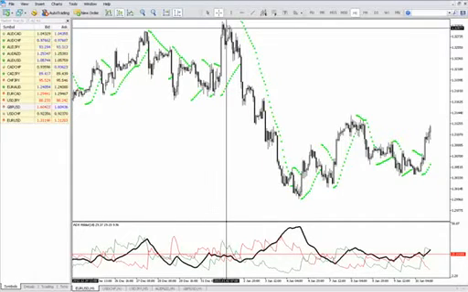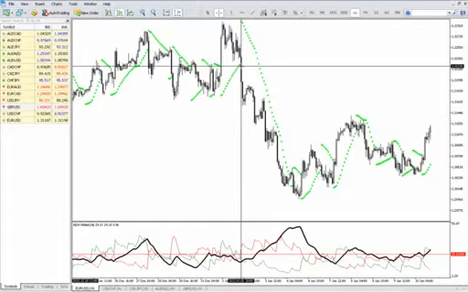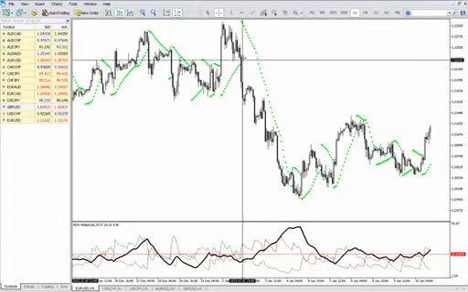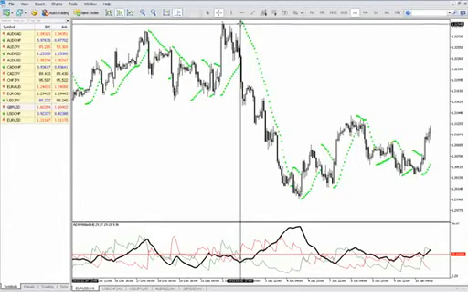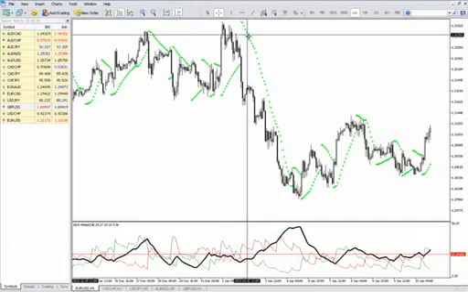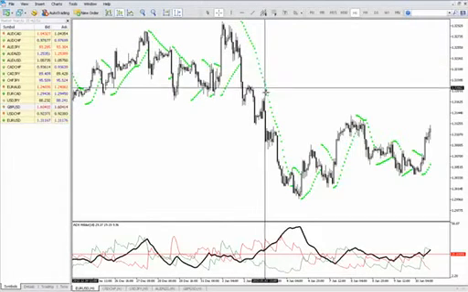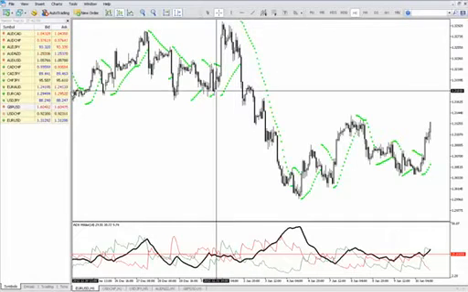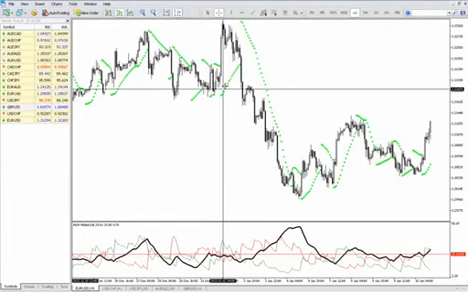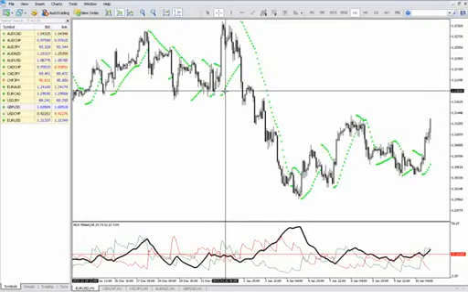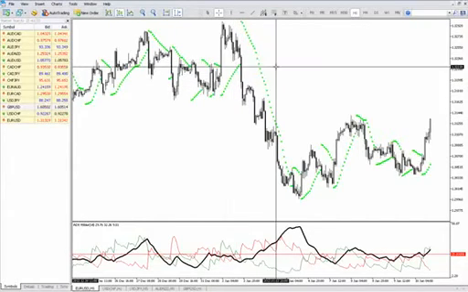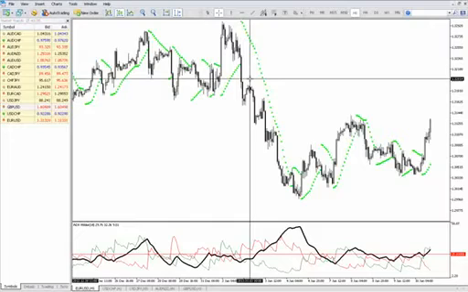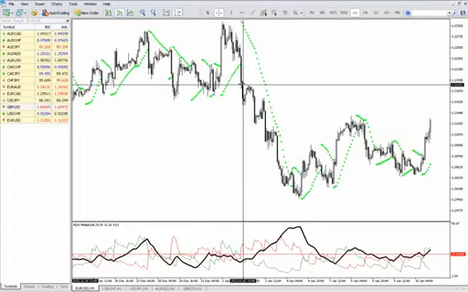But what we have here is an indication, first of all, that there is a downtrend taking place, and we see that simply because the dots appear above price levels, okay, which means it's an indication to sell. The dots that are below price levels have stopped, okay. So at this stage we know that there is a very good chance that a downtrend is taking place.